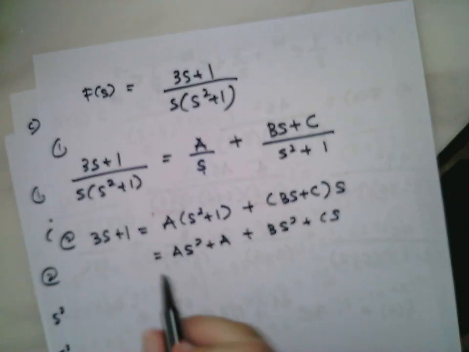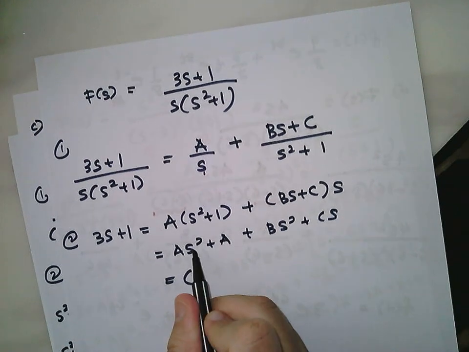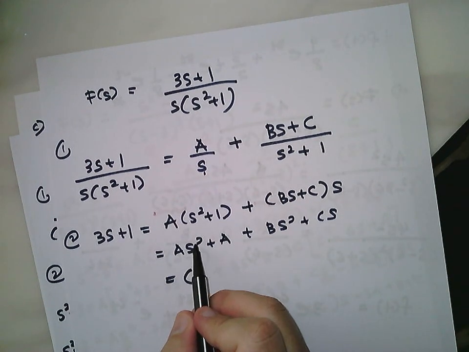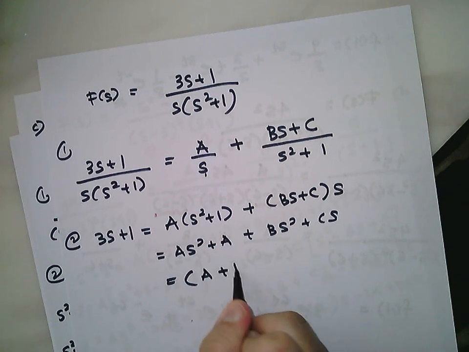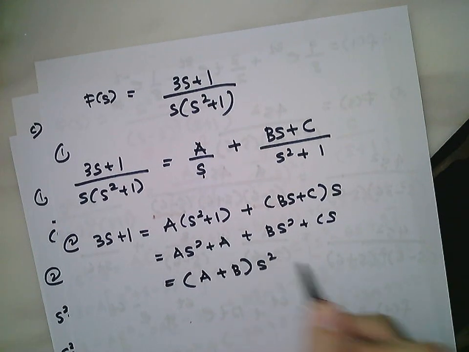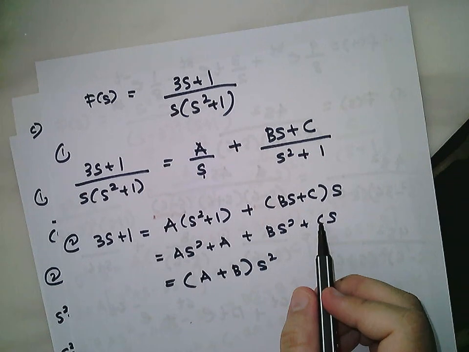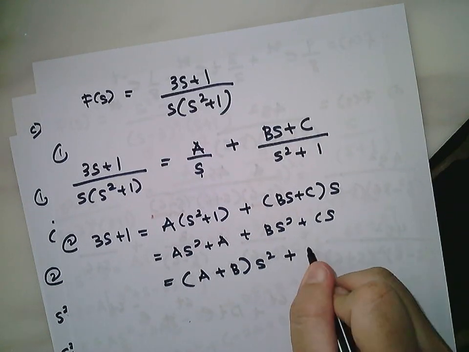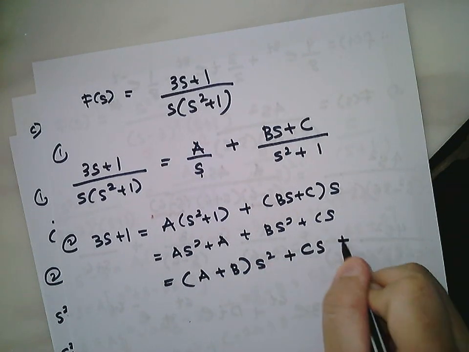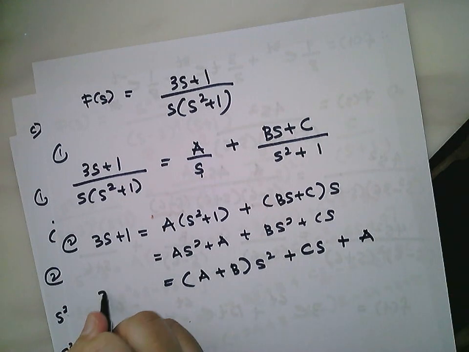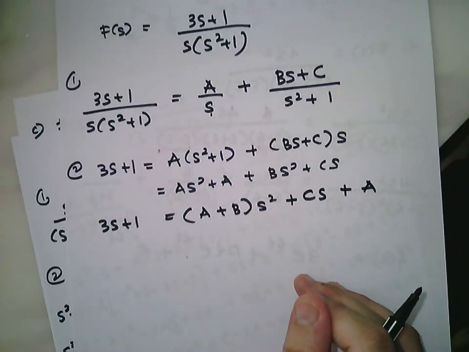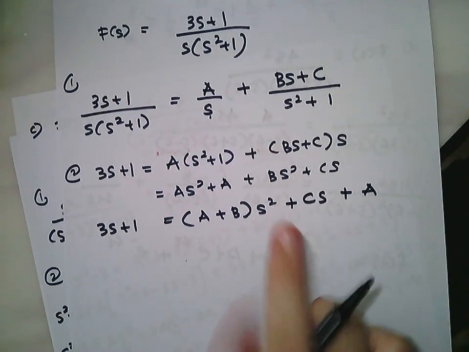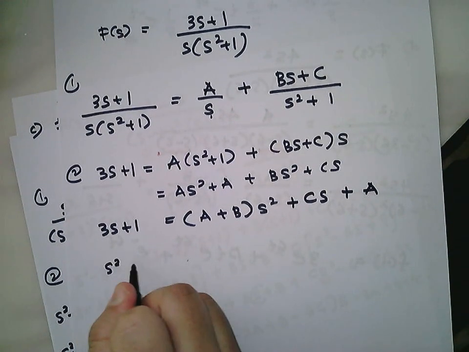Next, factorize according to the variable. The first one is s squared, so you will have (A plus B) s squared. For variable s, you just have Cs, and the last one is the constant A. So form 3 equations. The first is by comparing the coefficient of s squared.